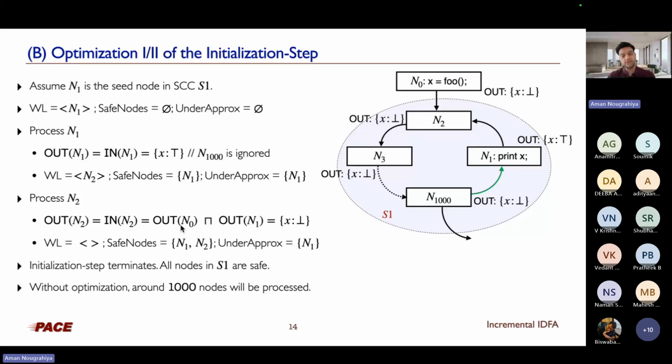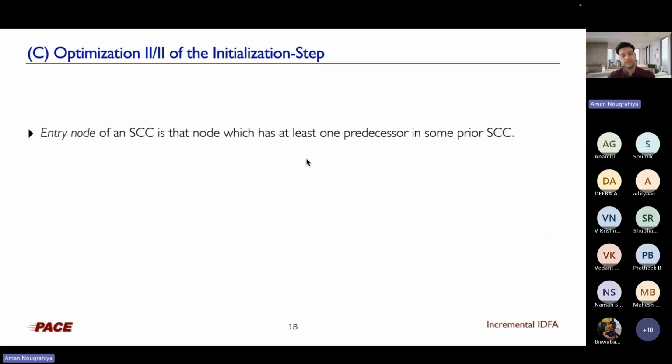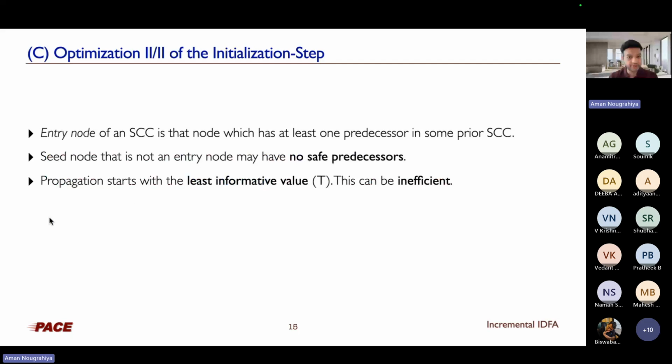Let's define an entry node of an SCC. It's something very logical: it's any node for which at least one of the predecessors is in some prior SCC. That means there is some incoming information into the SCC at this particular node, and in that case we call it an entry node. Now if a seed node is not an entry node, then it may so happen that it won't have any safe predecessors, just like N1 in the previous example.